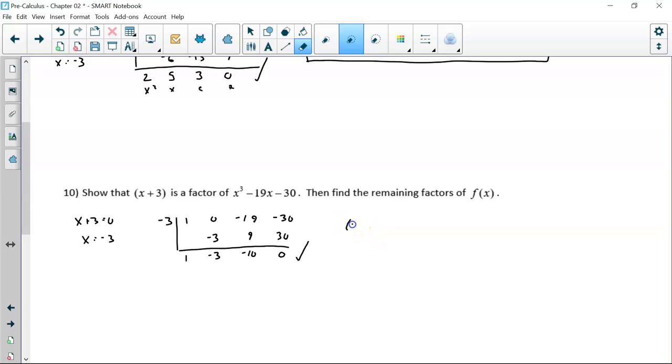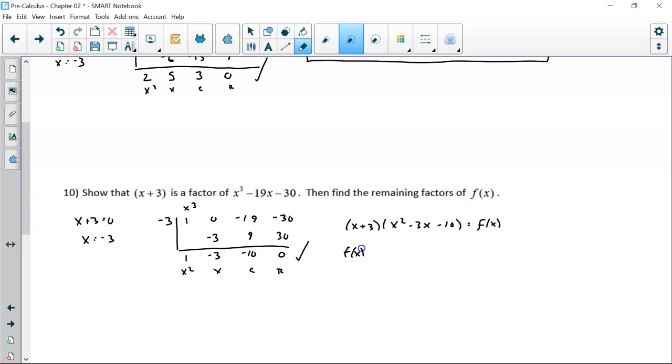So looking at this, our divisor was x plus 3, and then this was x cubed, so at the bottom it's x squared, x, constant, remainder. So we get x squared minus 3x minus 10. That's our function f of x. So we can factor that quadratic.